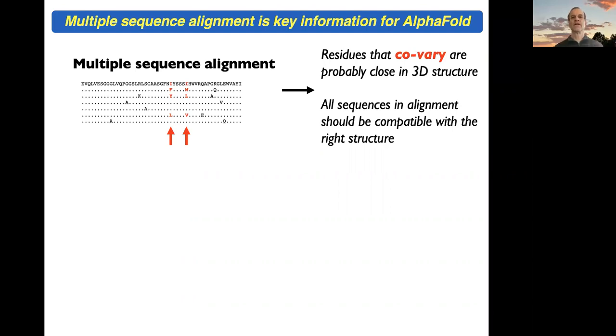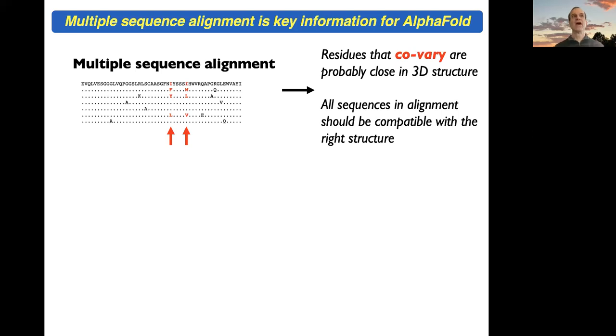A second really important aspect about multiple sequence alignments is that if you have correctly aligned the sequences of a set of proteins, all of which have similar structure, all the sequences in the alignment should be compatible with the right structure.